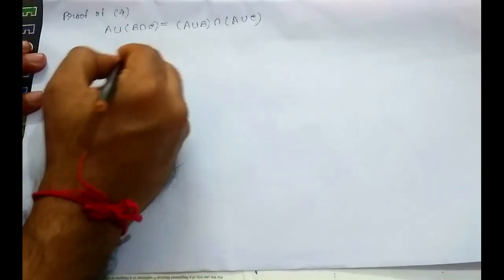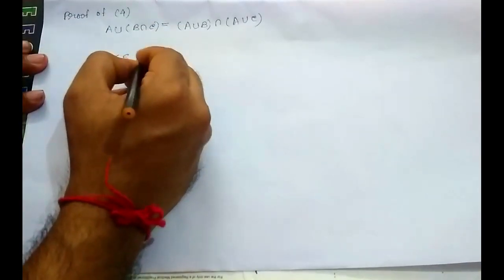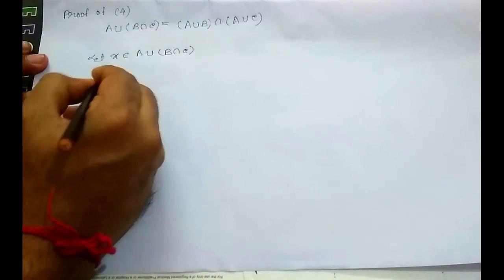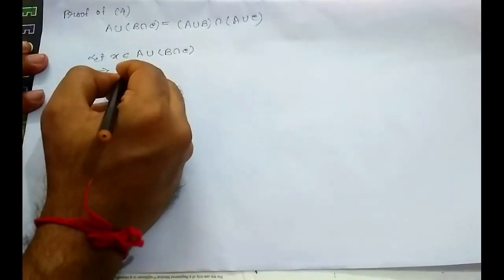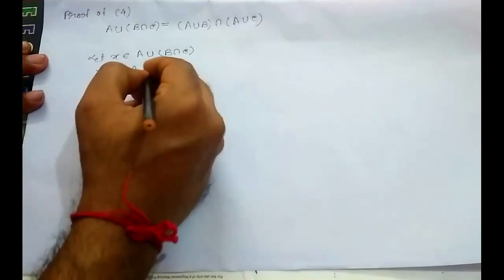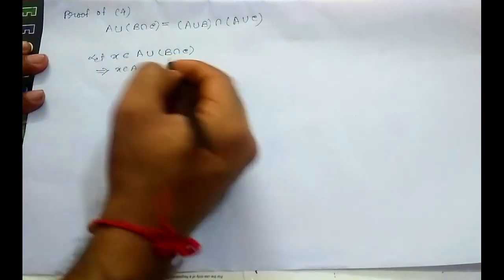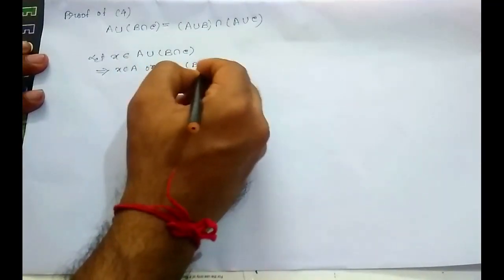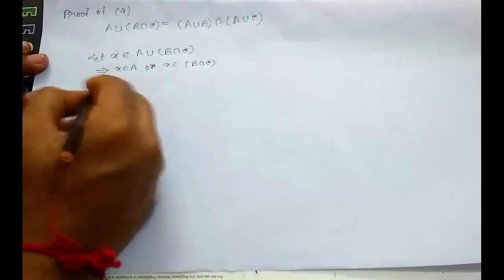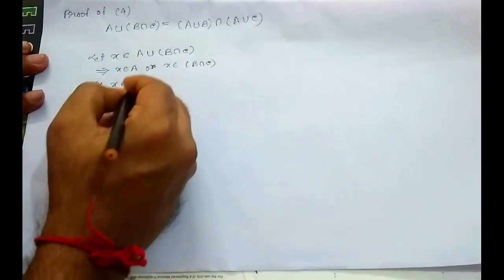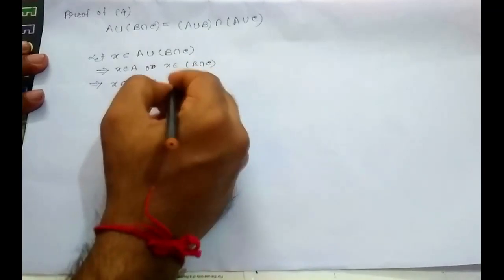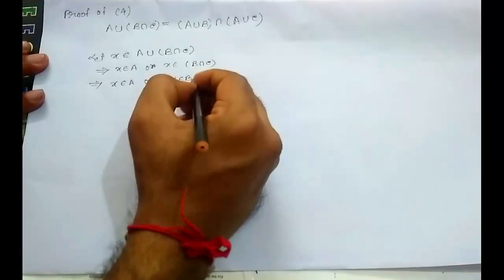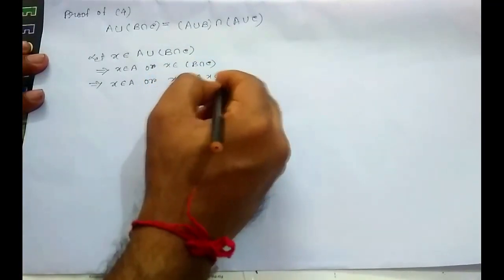Let x belong to A union B intersection C. Okay, this implies that x belongs to A, I am using only the definition of union, or x belongs to B intersection C. Okay, this implies x belongs to A or x belongs to B. Now we have to use the definition of intersection, and x belongs to C.